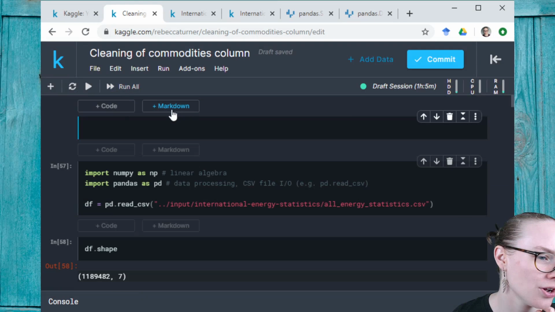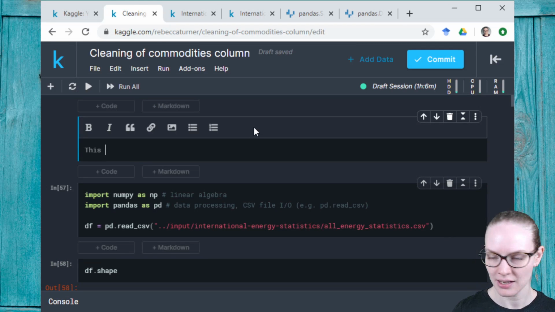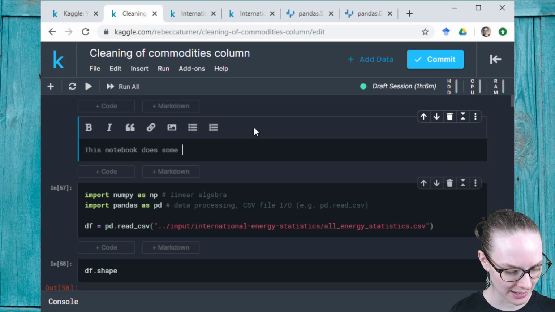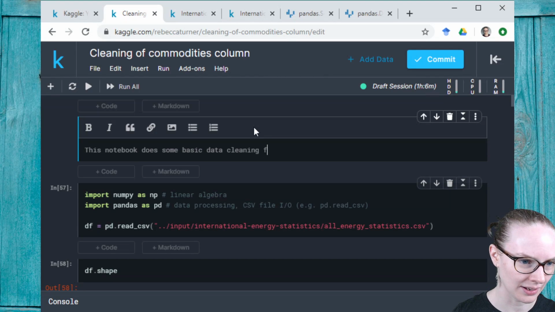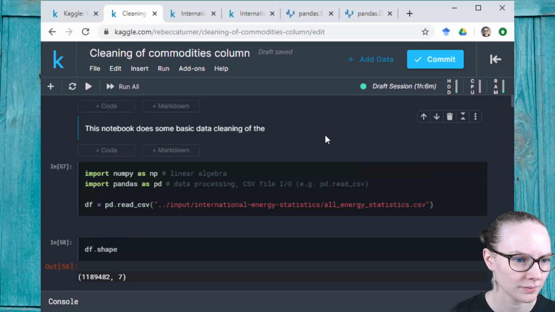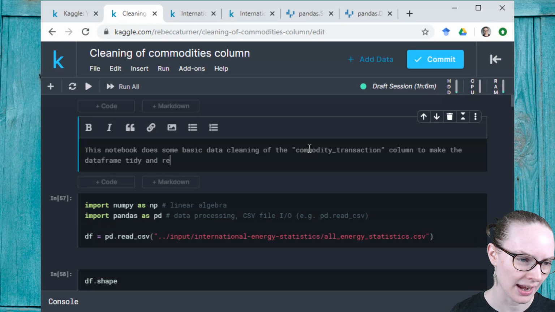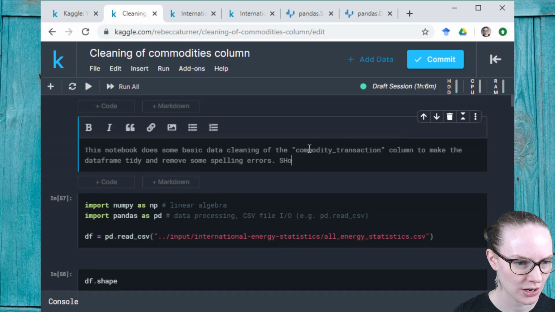All right, so let's add a little bit of markdown at the top of the cell. This notebook does some basic data cleaning of the commodity transaction column to make the data frame tidy and remove some spelling errors.